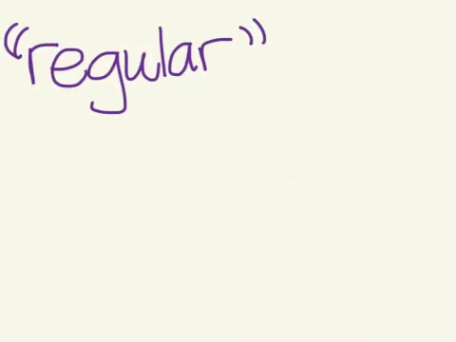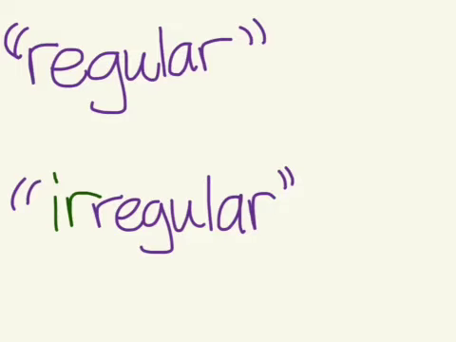All right, now we're going to get into some words that might be unfamiliar when it relates to math. We've got regular and irregular. When that relates to math, it means regular polygons have side lengths that are all the same length, and all of the inside angles are also the same.